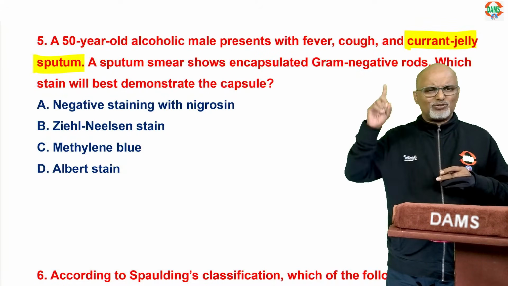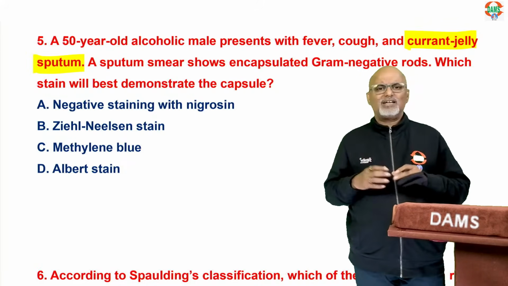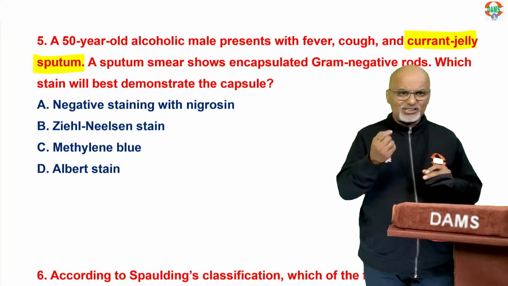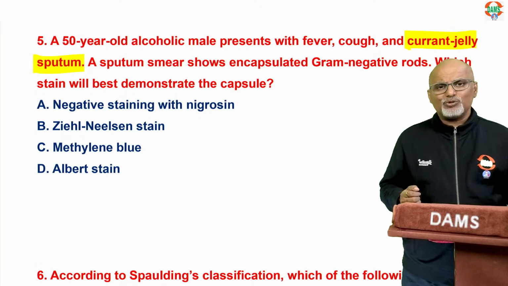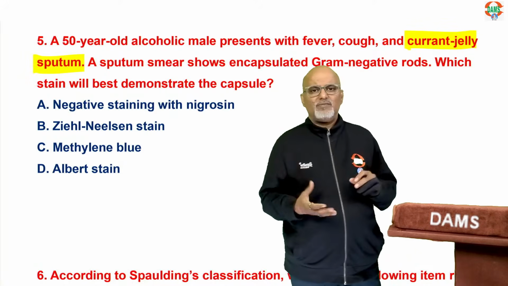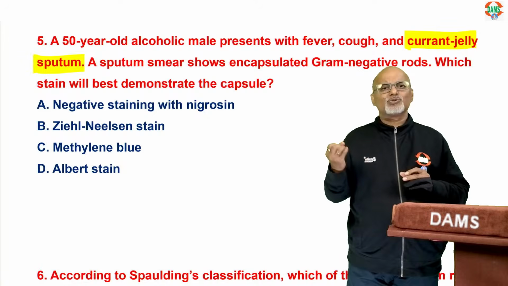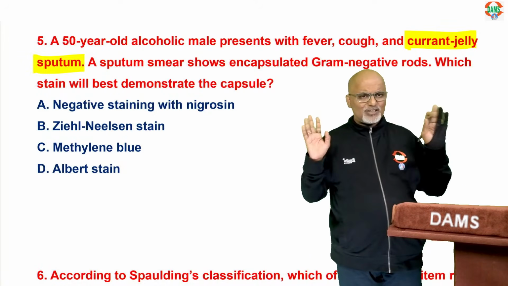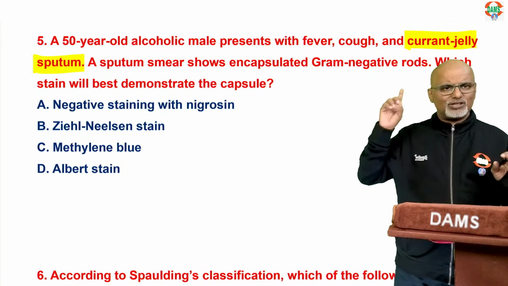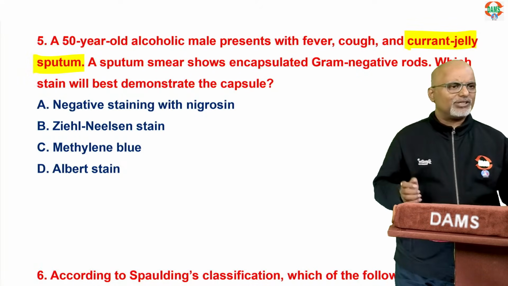But only one clue, currant jelly sputum, mucoid sputum: Klebsiella. In case of rusty sputum, Streptococcus pneumoniae. In case of frothy sputum, interstitial pneumonia. Green colored sputum, Pseudomonas. So every word is a clue. Currant jelly sputum, my mind is fixed on Klebsiella pneumoniae.